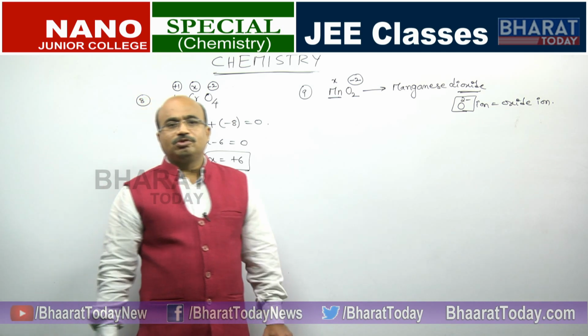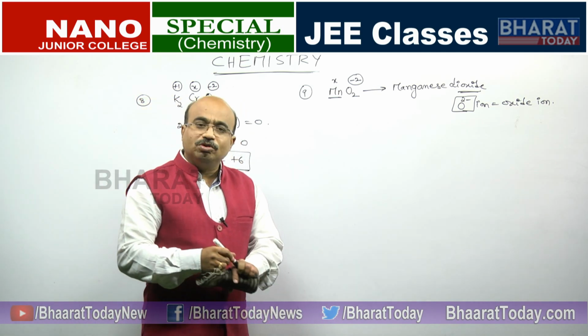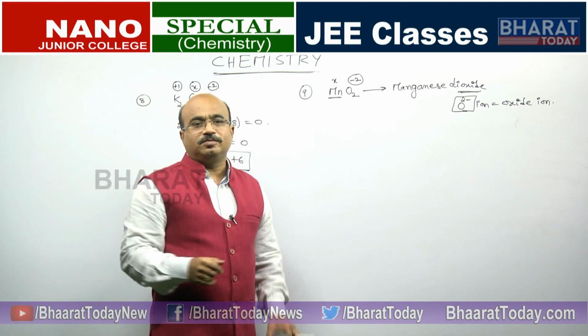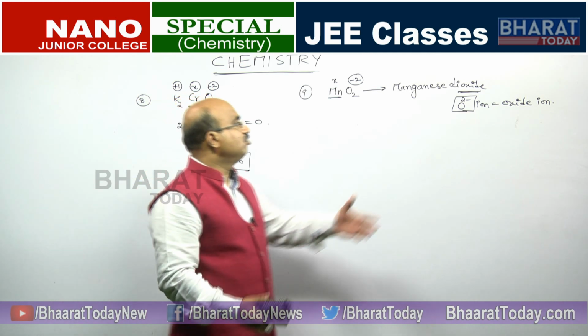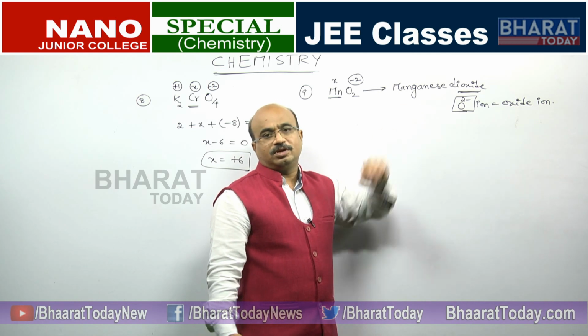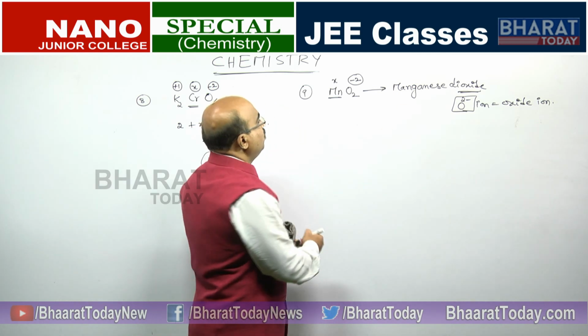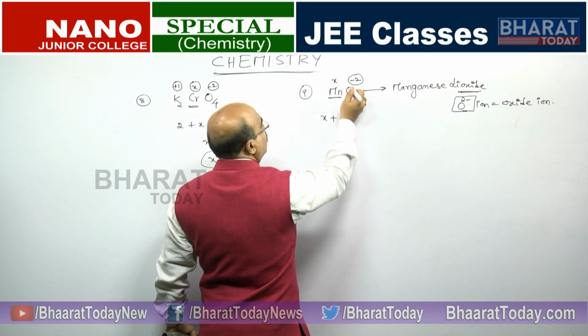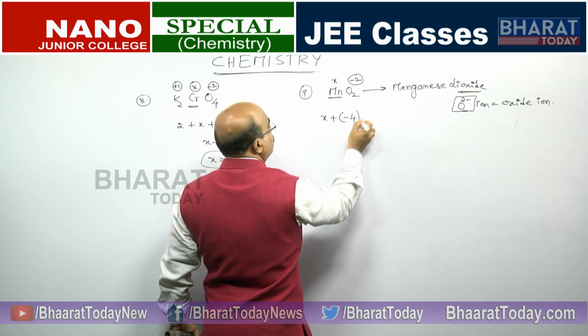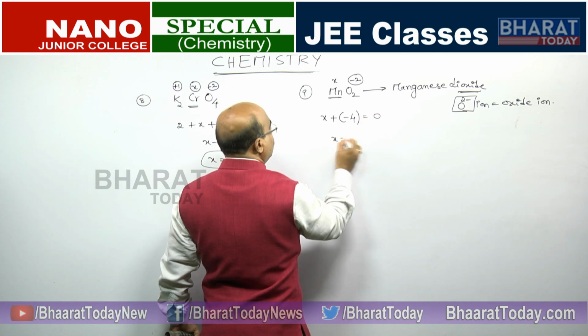So, the names of compounds are also mentioned, and you can identify from them. If it says oxide, it is a -2 charged oxygen. So, what should be on the manganese now? x plus total -4 is equal to 0. So, x is equal to +4.